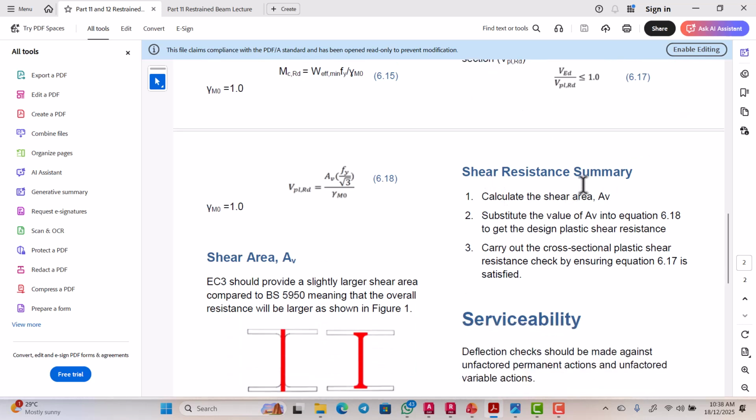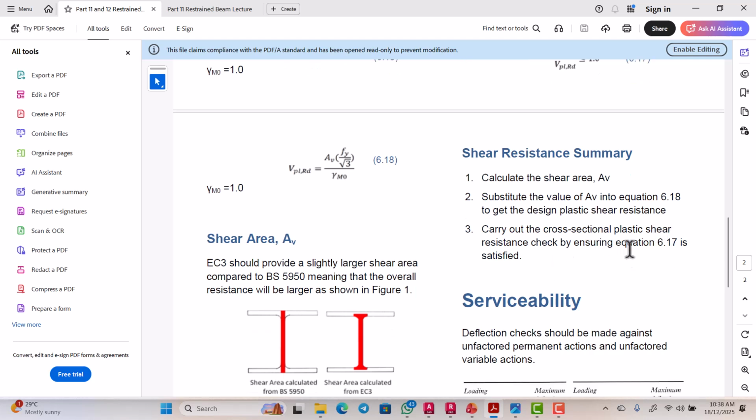Look at the summary: calculate the shear area AV, substitute the value of AV into equation 6.18 to get the design plastic shear resistance, then carry out the cross-sectional plastic shear resistance check by ensuring equation 6.17 is satisfied.